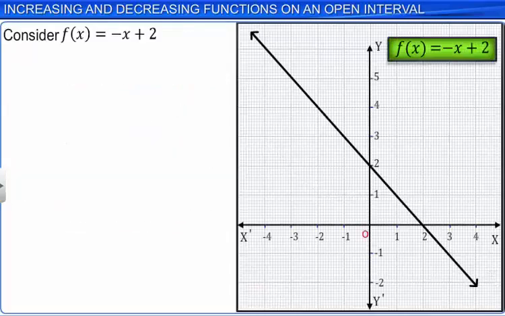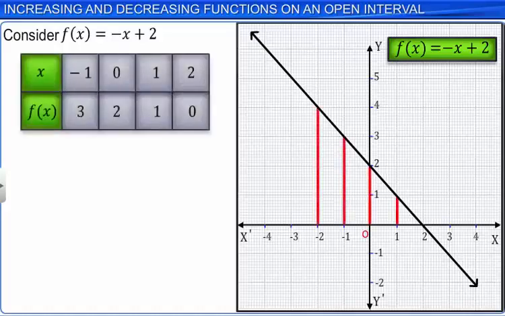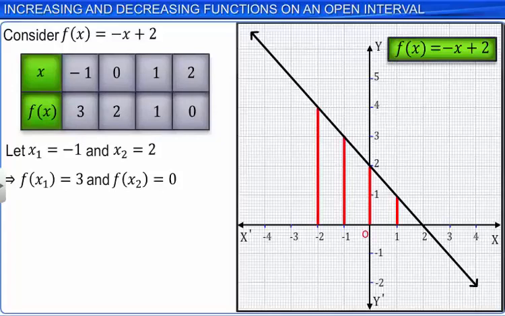Now, consider the function f(x) = -x + 2. The graph of the function is as shown. Observe that as the value of x increases from -1 to 2, the value of f(x) decreases from 3 to 0.